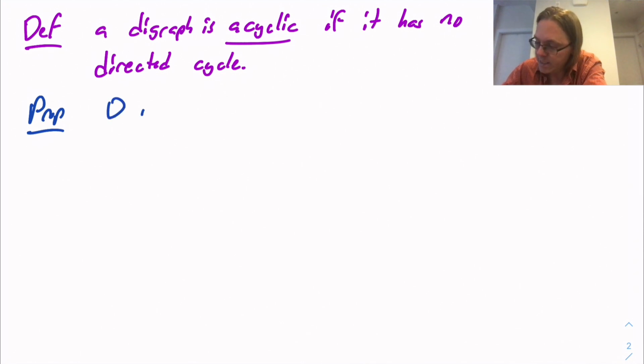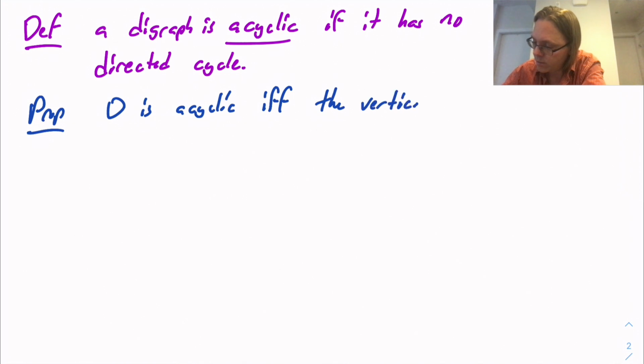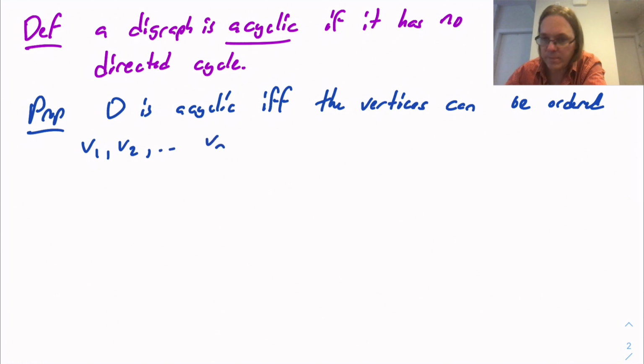So D is acyclic if and only if there's an ordering of the vertices V1, V2 on up to Vn, so that every edge ViVj satisfies i is less than j.